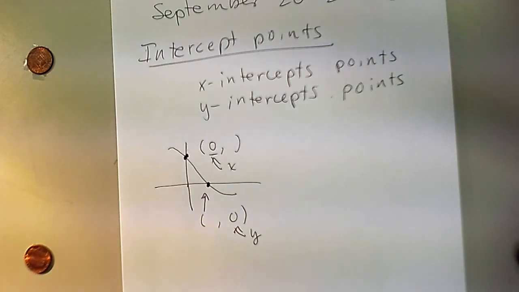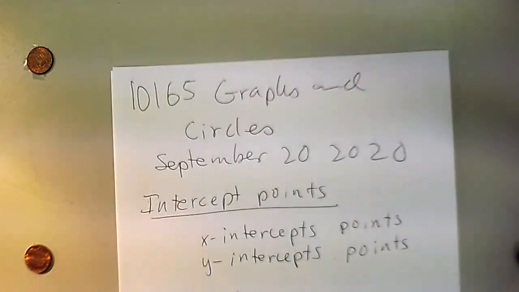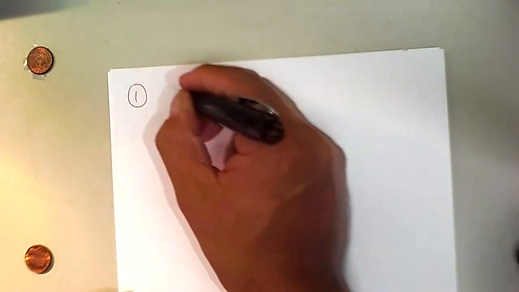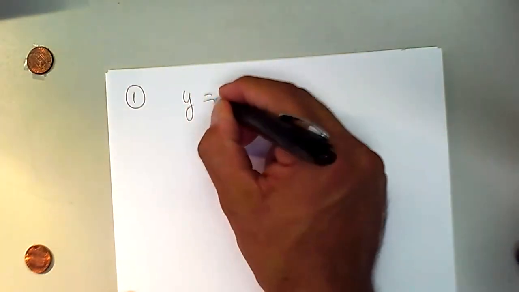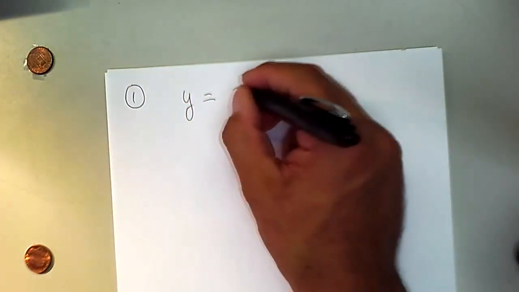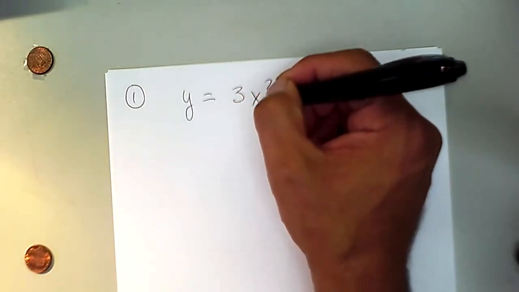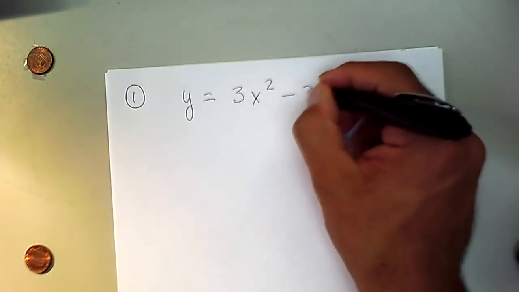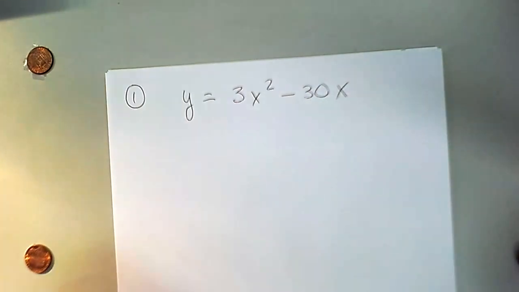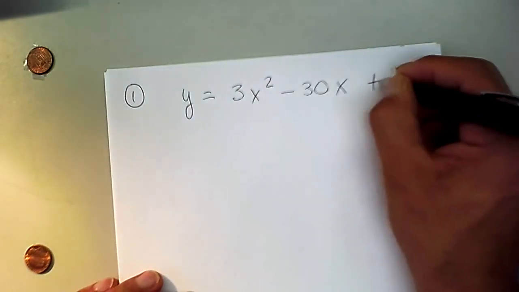Let's look at some examples of finding the x and the y-intercept. So example 1, say we have y equals 3x squared minus 30x plus 63.